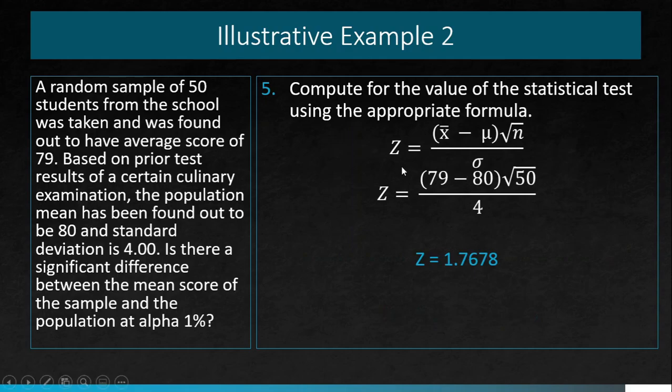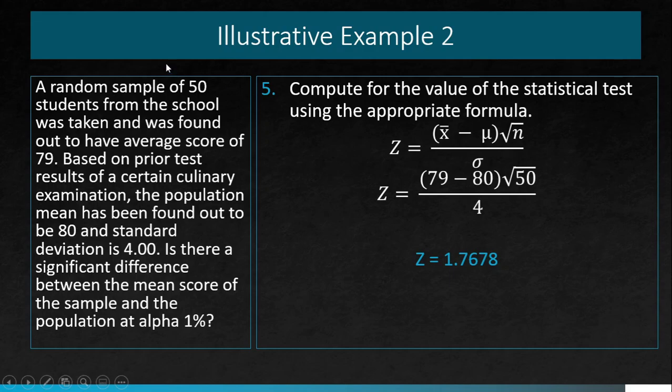Okay, so next, we will now compute for the value. This is our formula. And then our sample mean. If we go back to the problem, the mean of these 50 students is 79, their average score. And then population mean. It states here that the population mean has been found out to be 80, so write 80.